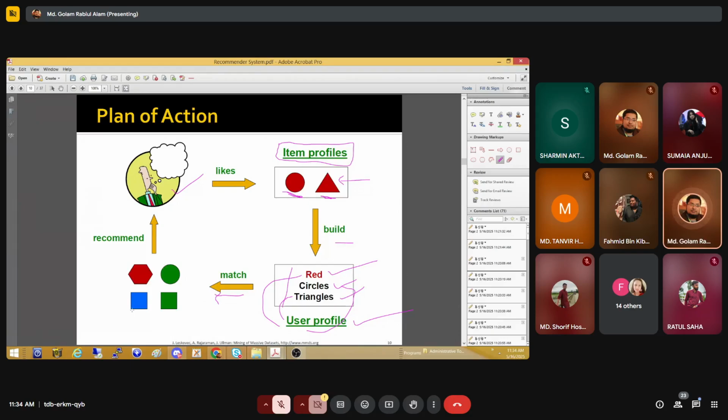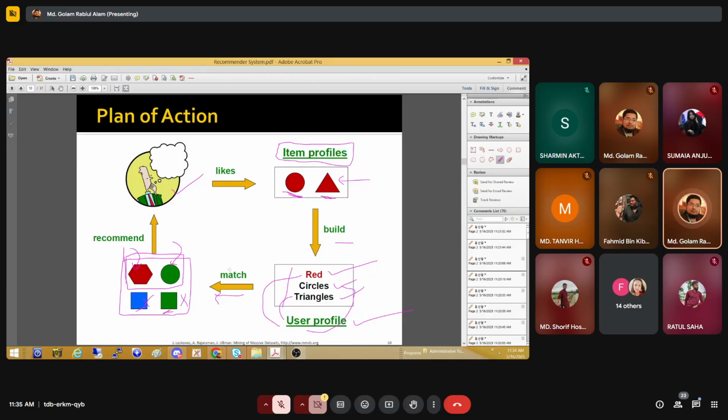Here are some items. Then we have to find out maybe the red color. So here is the red, this one is red. And then we look at circles and triangles. Here is the circle, and these are not circles. So we should not recommend this item and this item, but we can recommend these two items, though actually those are not the same.